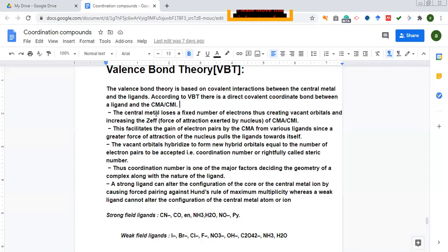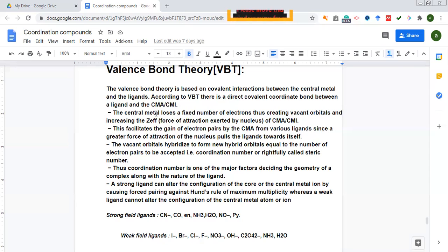And before that we may have 3d, 4s, 4p0. So 3d, we can consider that as n minus 1. n is the principal quantum number. So the principal quantum number of the outermost shell in a 3d transition element is 4. And this d orbital belongs to the inner shell. Inner means n minus 1, that is 3d.